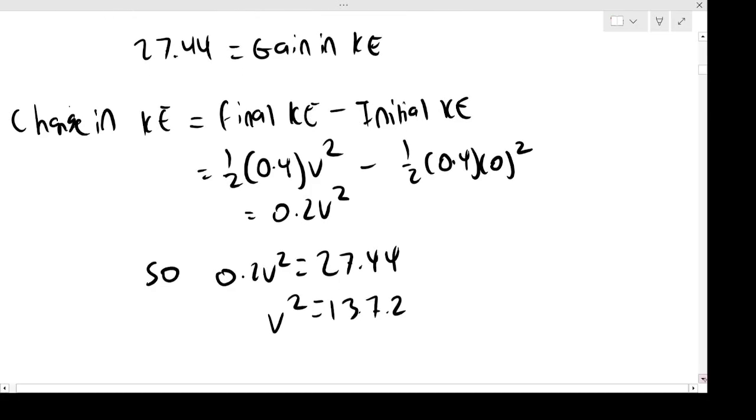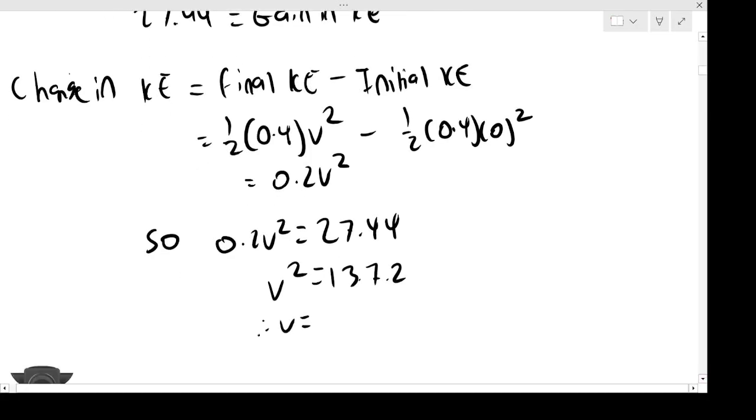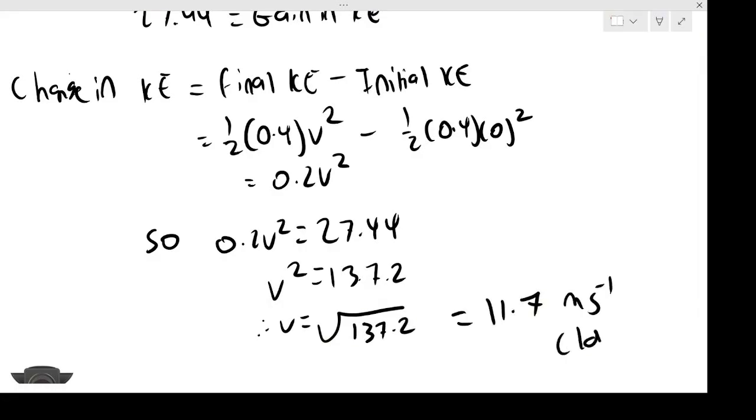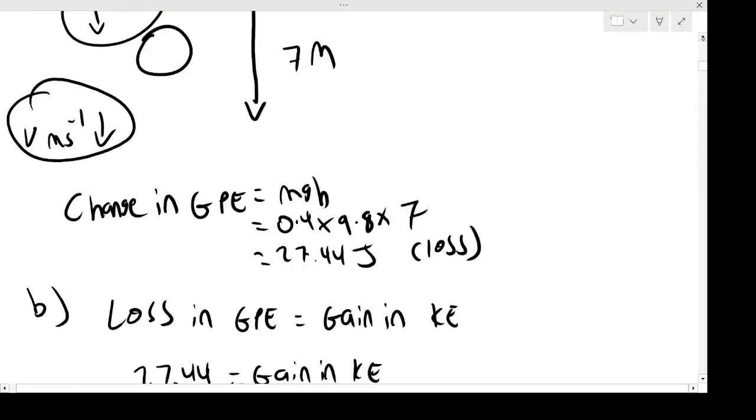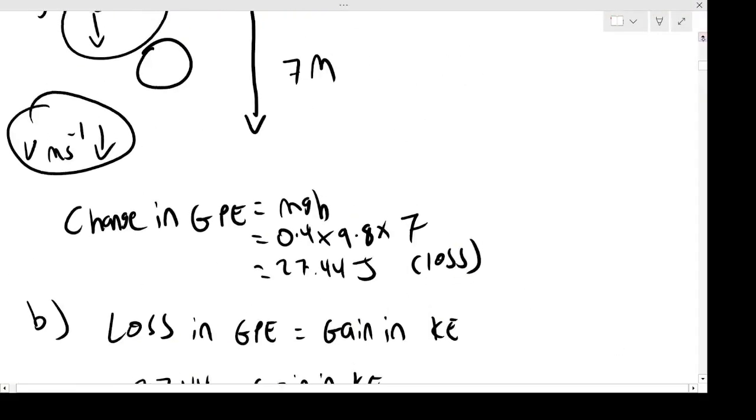If I square root that, I get 11.7 meters per second to one decimal place. And there we are, ignoring the minus from square rooting.